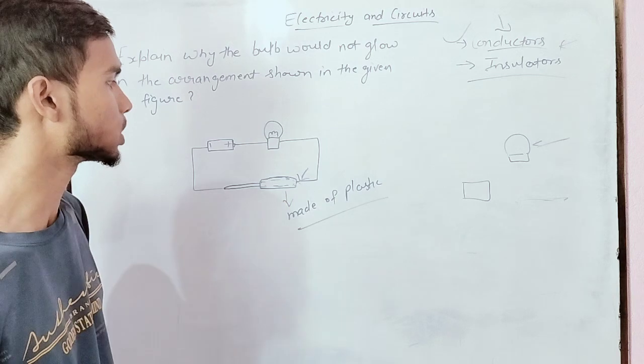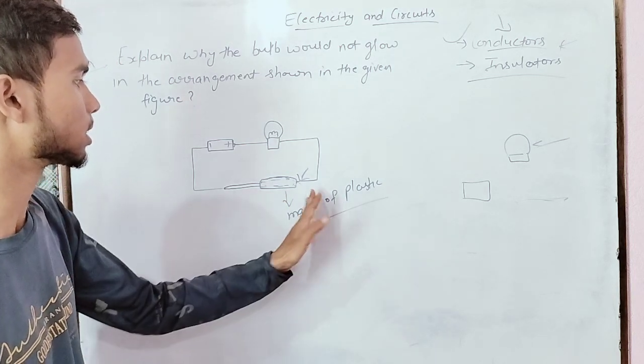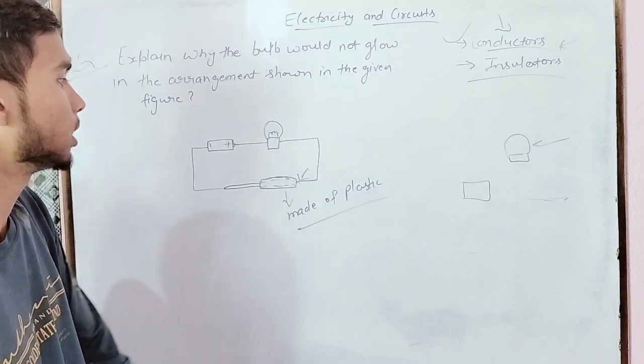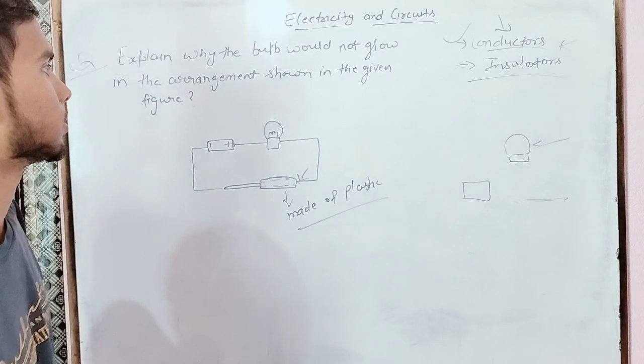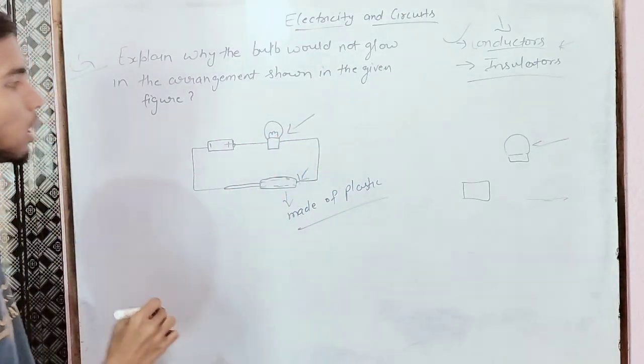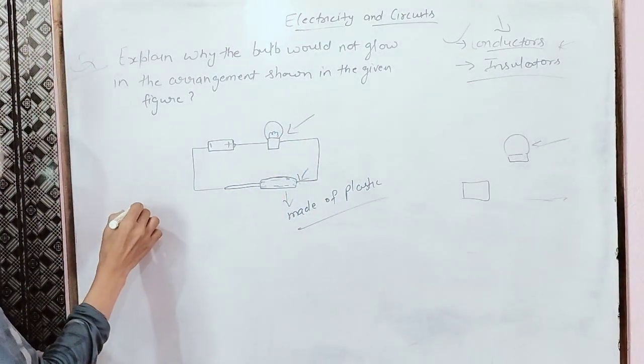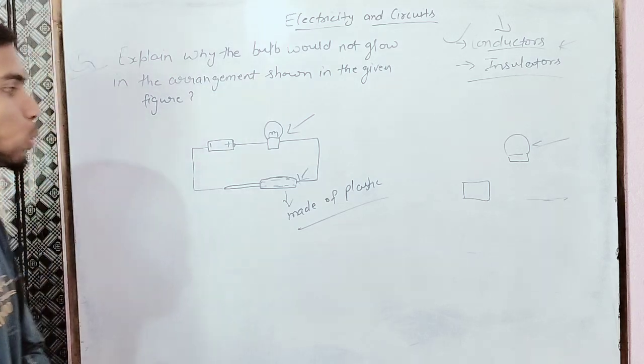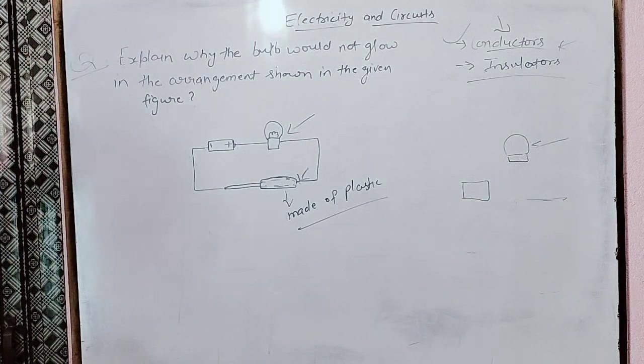This plastic is an insulator material and this side wire is connected to the insulator plastic. That's why this bulb will not glow. So the answer is: one wire is connected to insulator material, that's why the bulb will not glow.